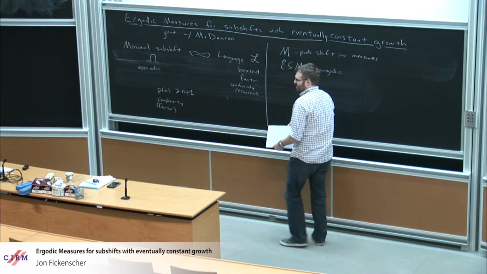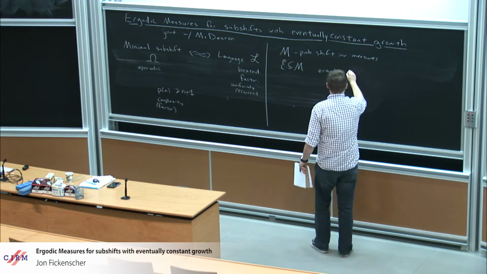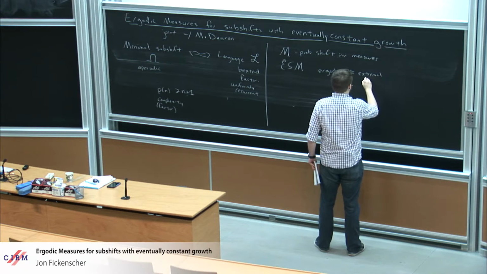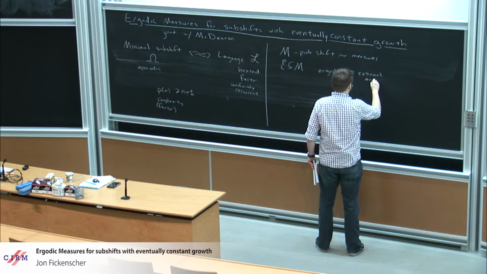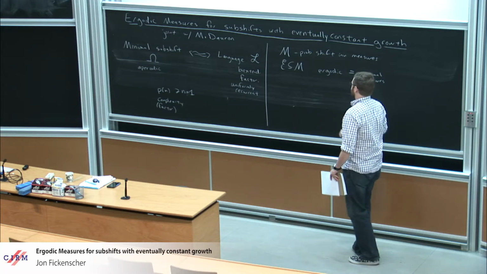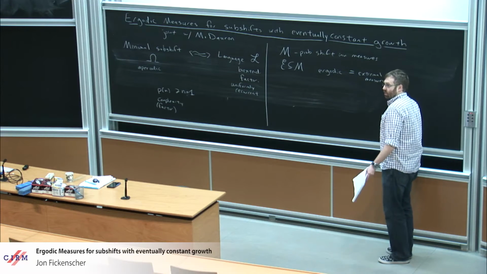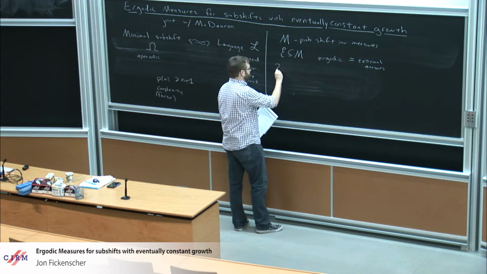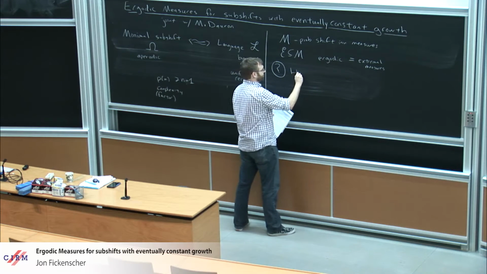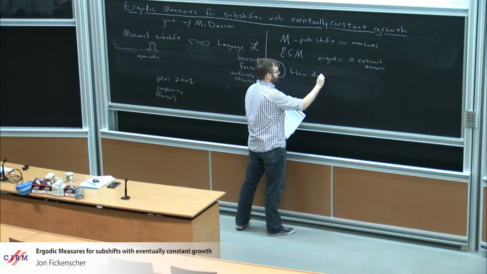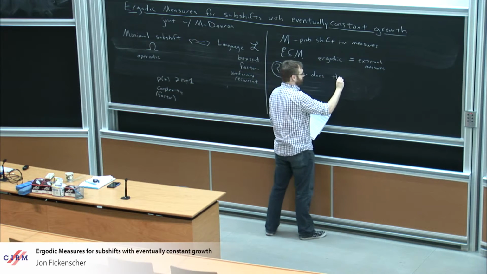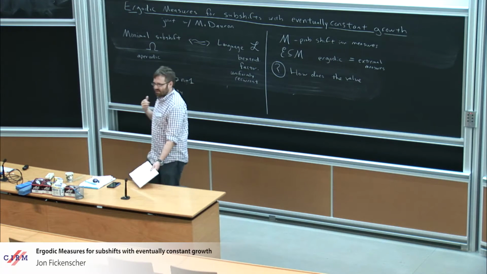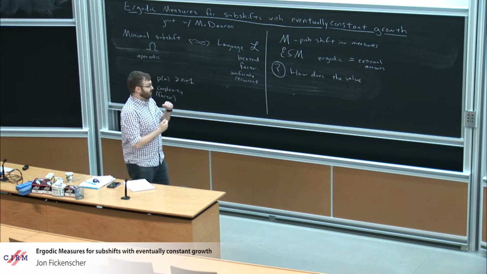And I believe, as was mentioned before my arrival, these are the extremal measures. So in the convex structure, these are the extreme points. And the question that we'd like to know is how does the complexity affect the number of ergodic measures that we have?